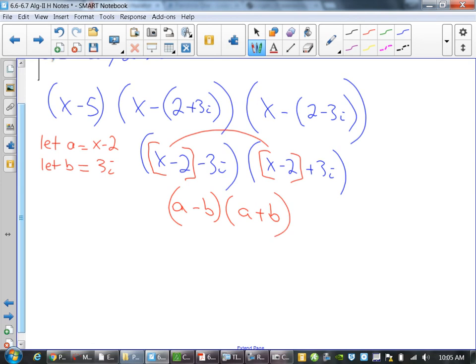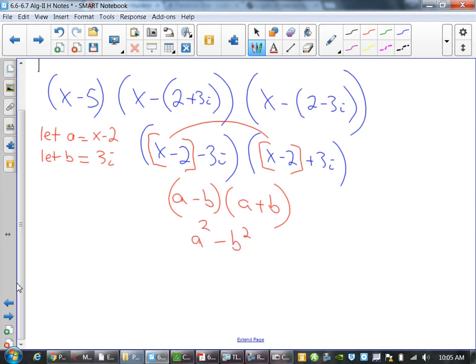If you FOIL that out, what do you get? A squared minus b squared. Well, what was a? X minus 2. So this becomes the quantity x minus 2 squared minus the quantity 3i squared.